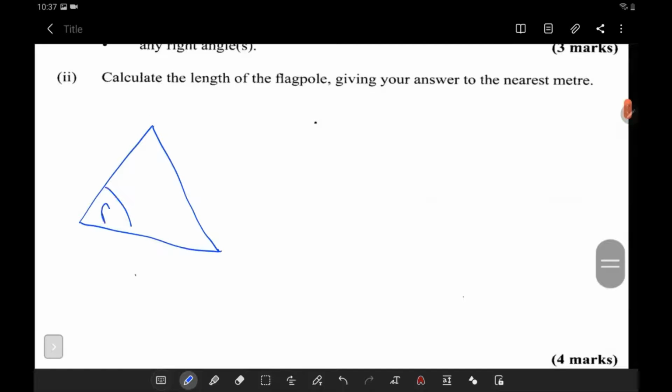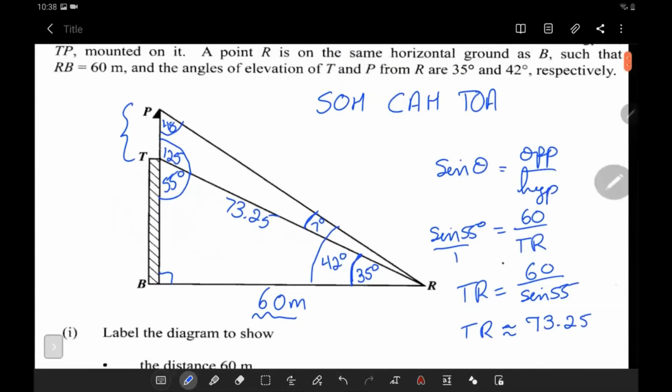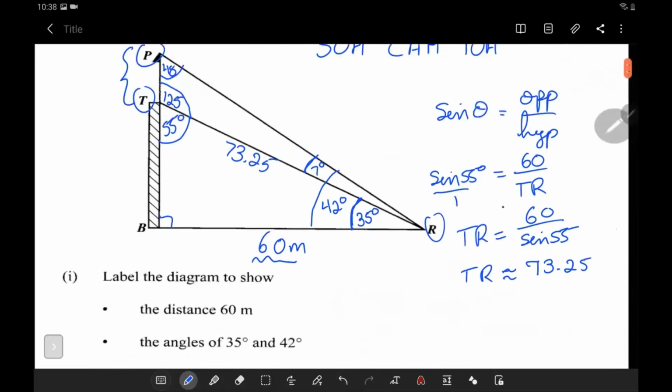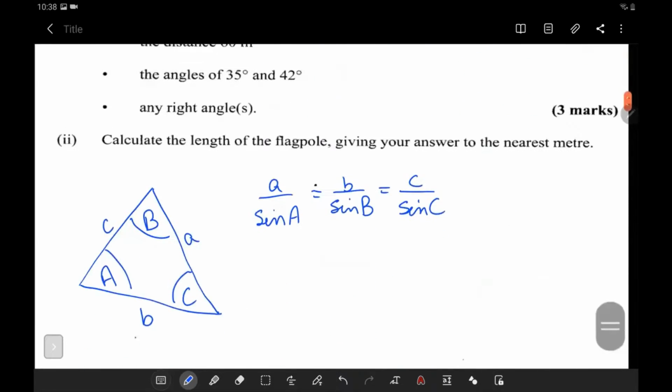If we have angles A, B, and C, and we label the sides little c, little a, and little b, then we have the sine rule, which says, let's start with the alphabetical order, a over sine A is equal to b over sine B, which is equal to c over sine C. And if we look at this triangle PTR, if we compare it with this, we have the side b, that's this side, we have the angle B, we have the angle C, and we want to find the side c. So in fact, we can actually use the sine rule here.